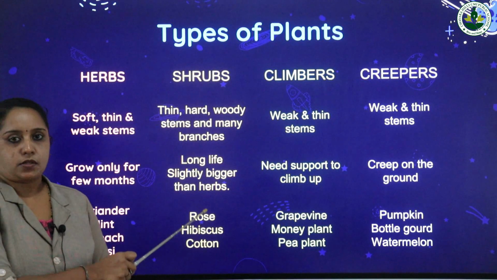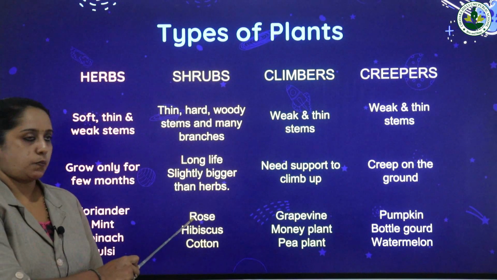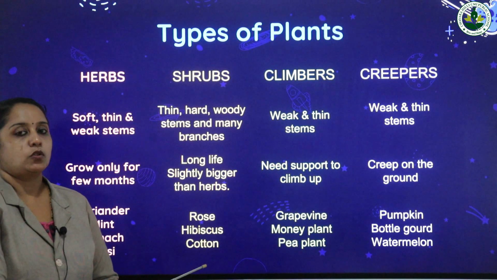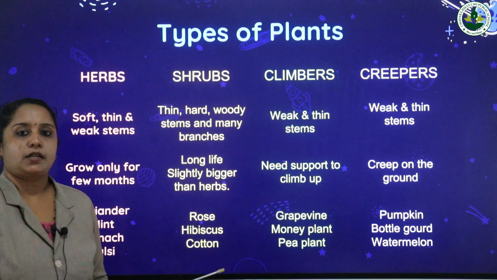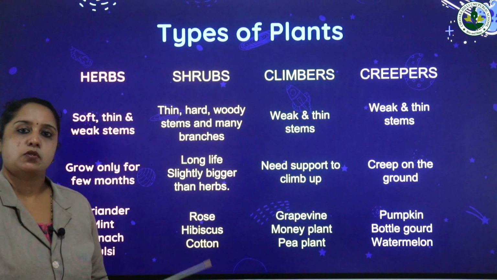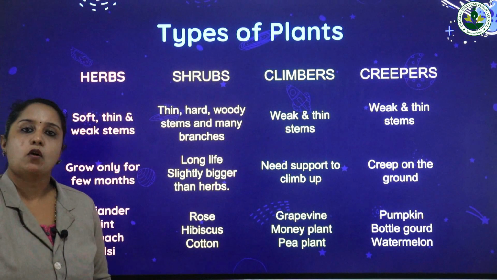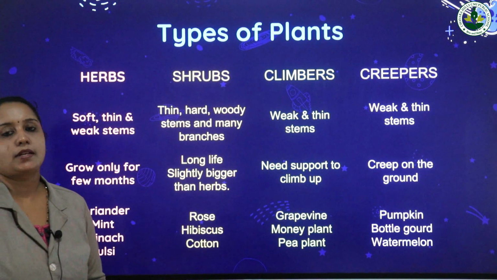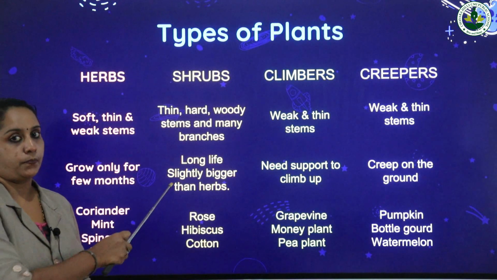And just remember the examples: rose plant, hibiscus, and cotton plant. We wear cotton clothes in summer time, isn't it? In all the times also we wear cotton clothes. Where do we get cotton from? We get cotton from the cotton plant. So cotton plant is an example for shrub.